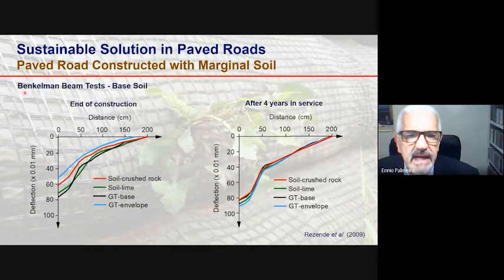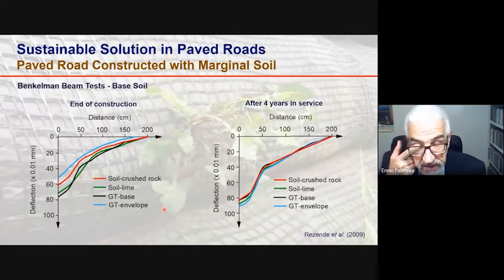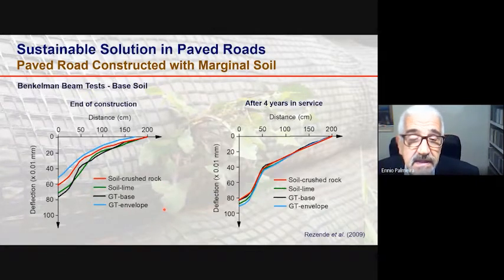Again, the results of Benkelman beam testing now in terms of deflection along the distance. There you can see here the results for the soil crust rock section is the red curve, and you see the good result obtained, particularly for the section where the asphalt impregnated geotextile enveloped the base layer, which is the blue curve here.